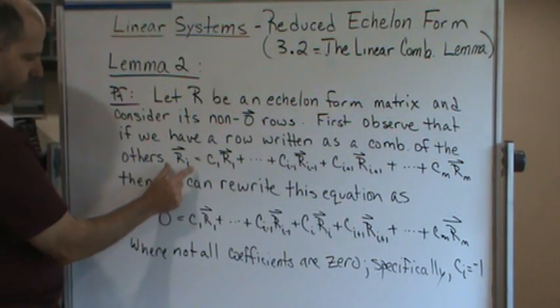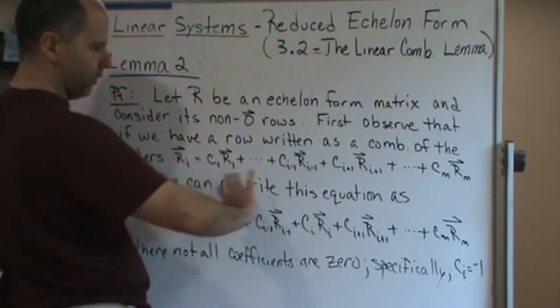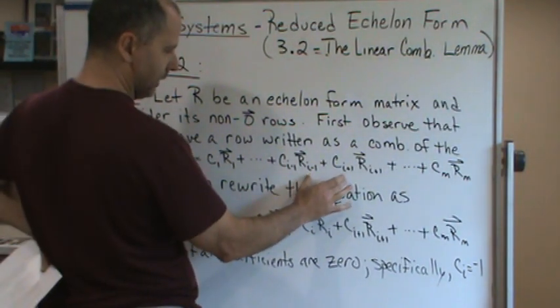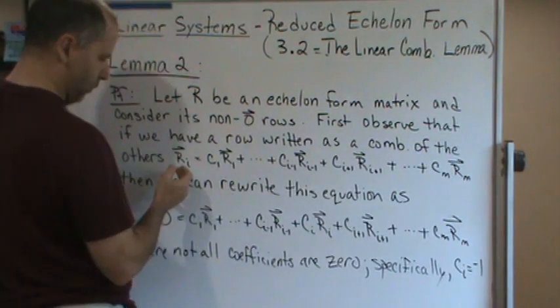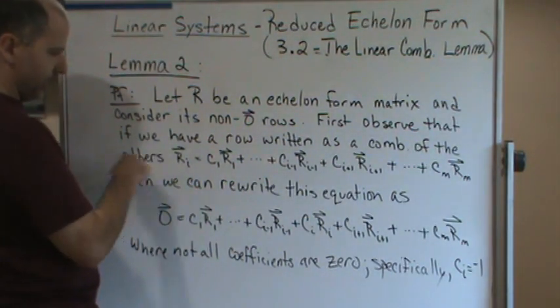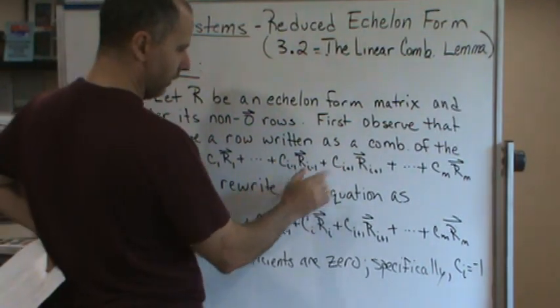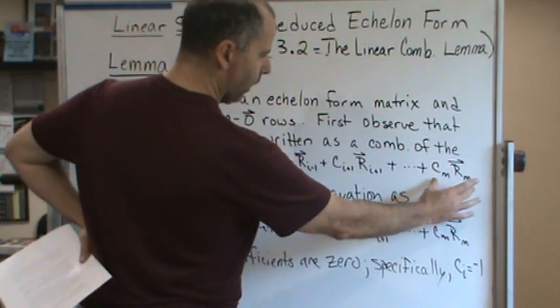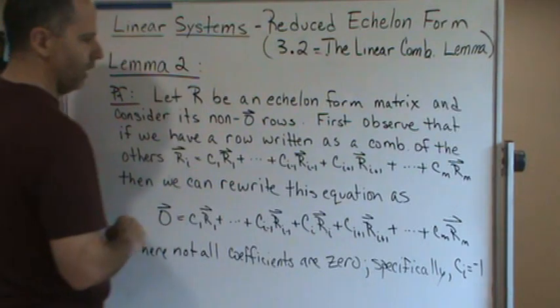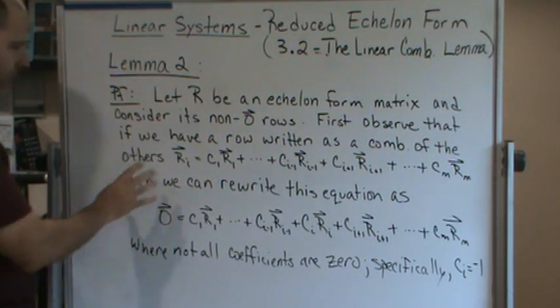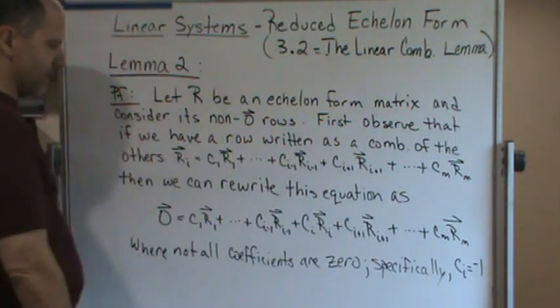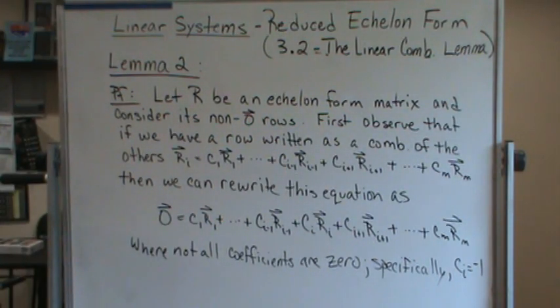Now, just so you know, because we have this in terms of all the other rows, we're not including R sub I, because if we did, we would just move it over here and combine like terms. So it's not going to be included in here. And then we continue on until we get to the last term. So let's say we have a non-zero row that's written as a linear combination of the other rows.